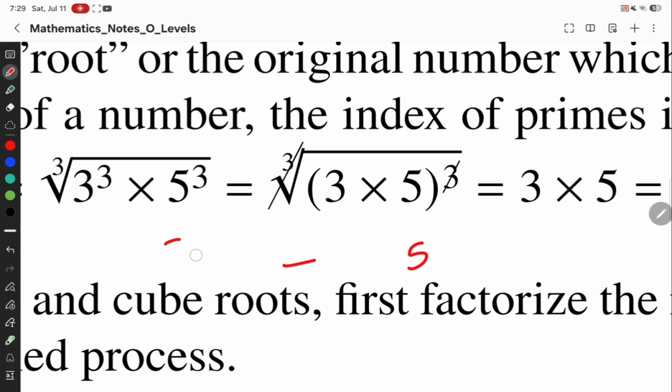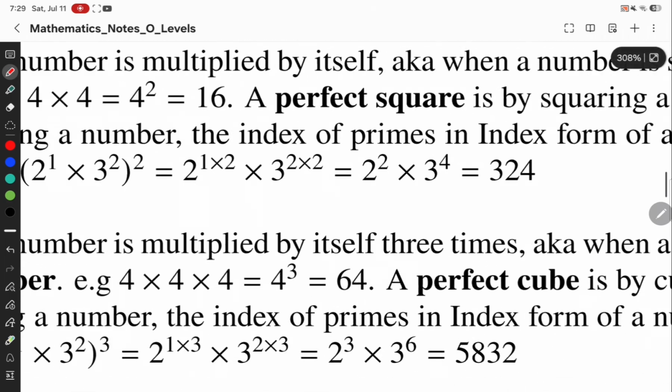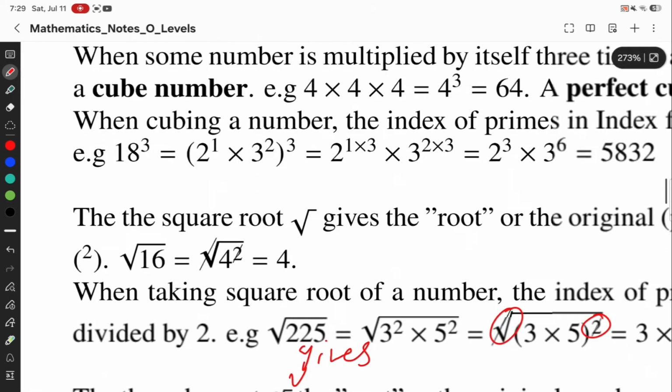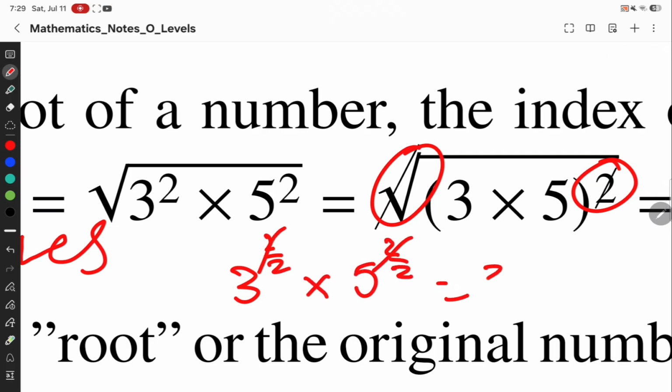The powers divide. Same here. You can think of this as 3 to the 2 over 2 times 5 to the 2 over 2. These are cancelled out to 1, so this is 3 times 5.